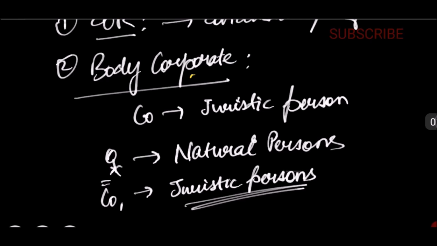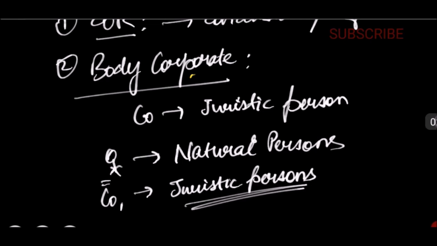That is, though it is not in existence in real, it has the special status of a person in law. The trade union can deal with third parties, purchase properties, etc. in its own name, though it is not a natural person.